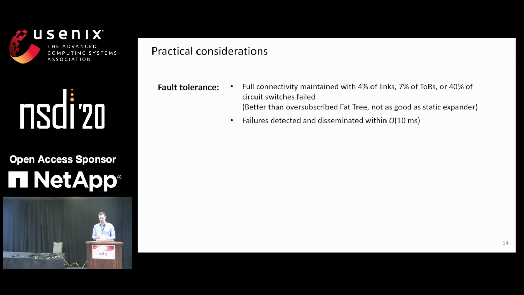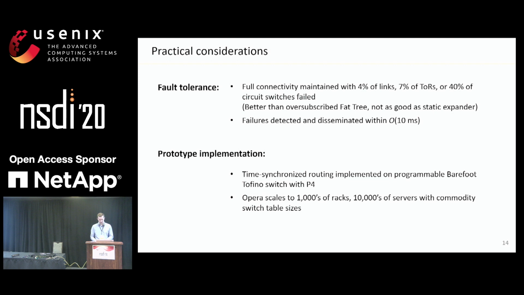And further, because Opera is stepping through this all-to-all direct connectivity, we can take advantage of that to detect and disseminate failures on the time scale it takes to step through those matchings, which is about 1 to 10 milliseconds.